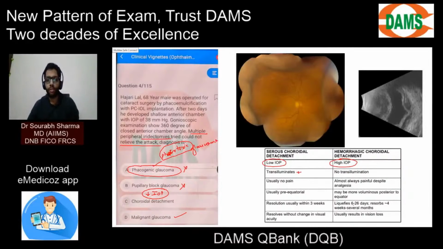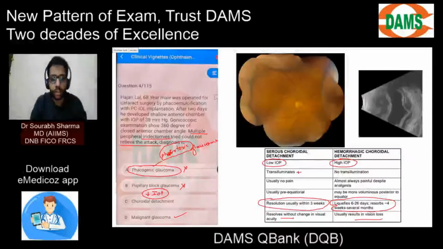Hemorrhagic detachment takes a very long time to resolve, as the blood has to liquefy. Serous detachment will resolve very quickly, and there will be vision loss in hemorrhagic detachment, but the serous detachment resolves without changing the visual acuity. The important point to differentiate is that low IOP is associated with serous and hemorrhagic detachment is associated with high intraocular pressure.